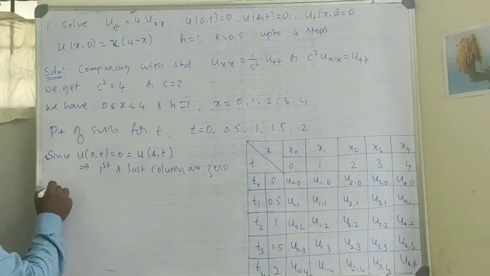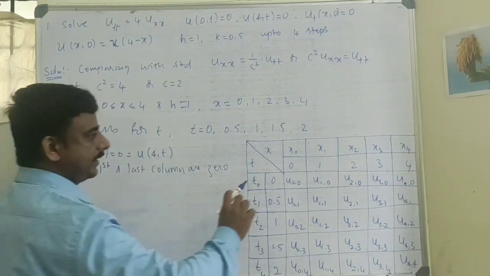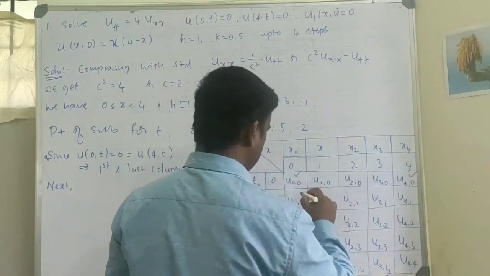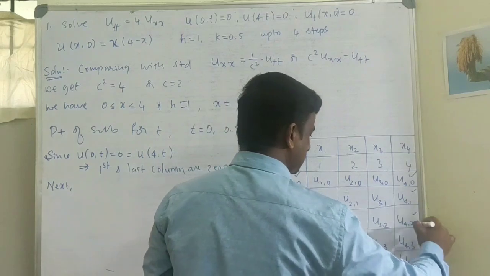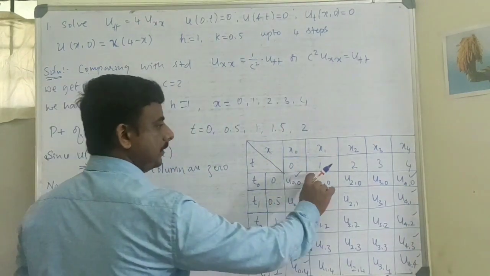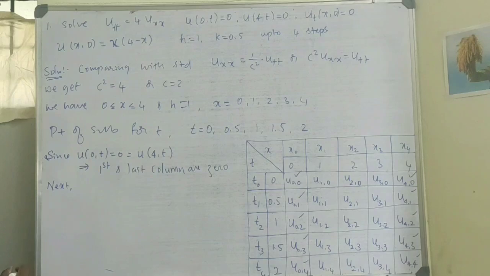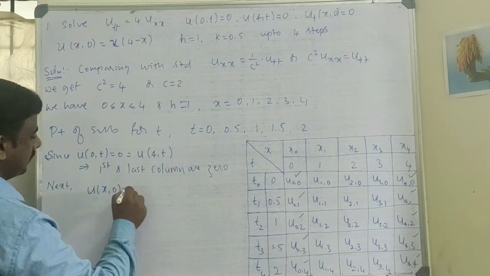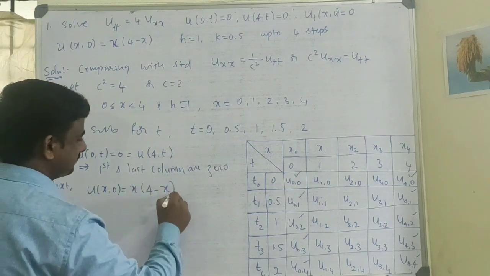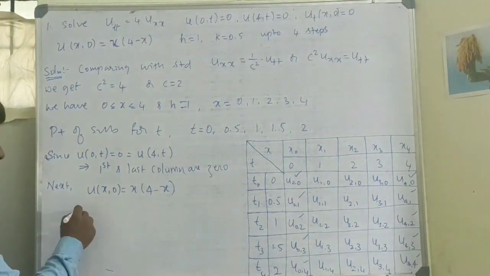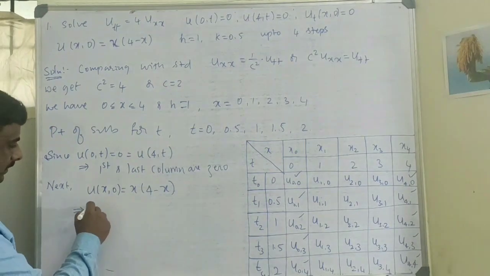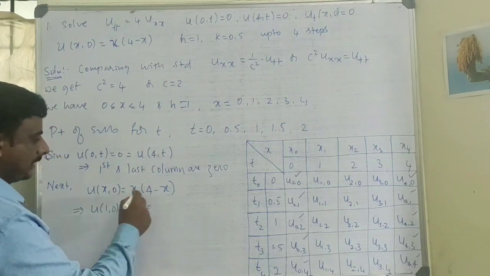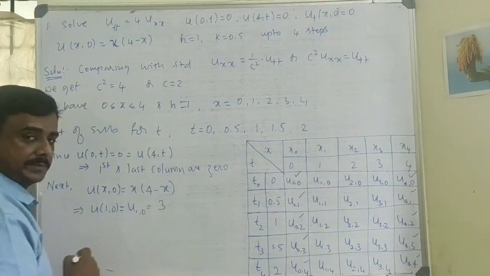Next, I want to find the first row. To find this, I have to use the initial condition u(x,0) = x(4 - x). Taking x equal to 1, u(1,0), that is u1,0, will be 1 into 3, so you will get 3.